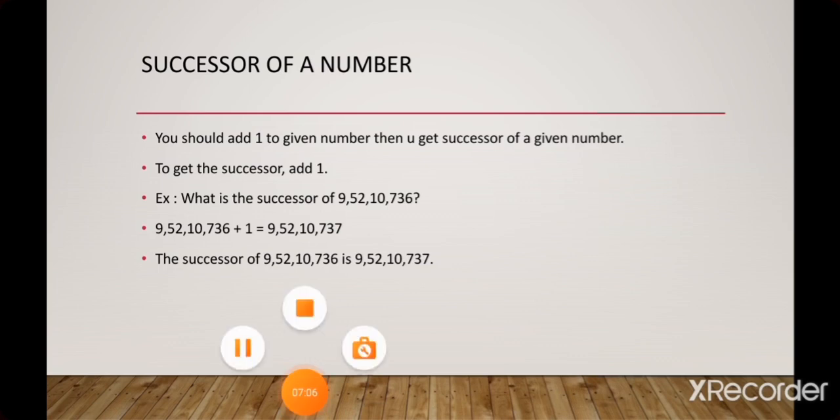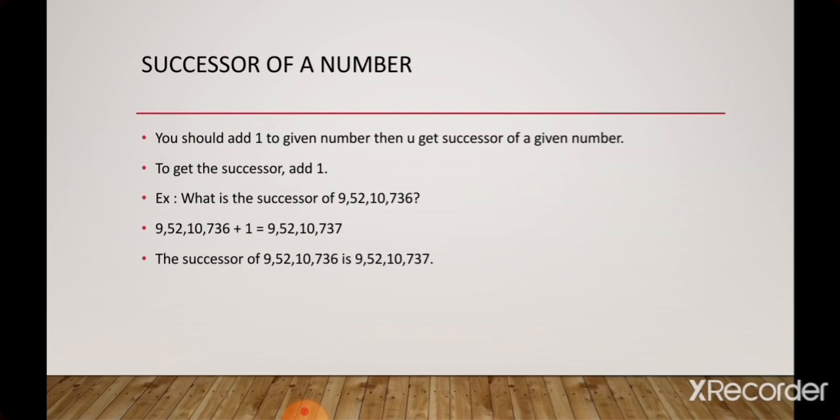What is the successor of 9 crore 52 lakh 10,736? If you want the successor of this number, you should add 1 to the given number. So the given number is 9 crore 52 lakh 10,736. Means we have to add 1.